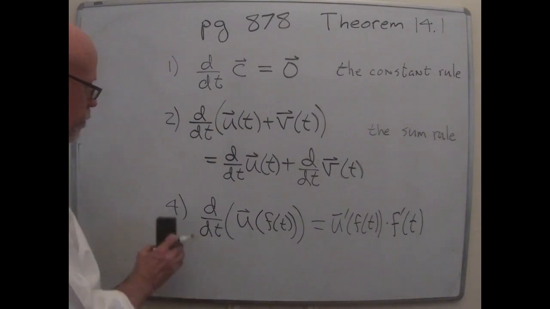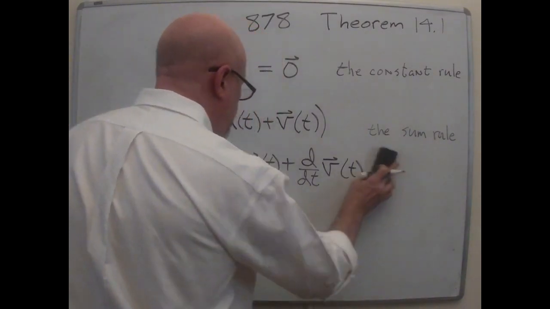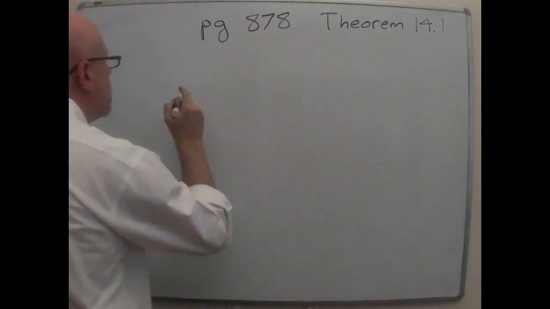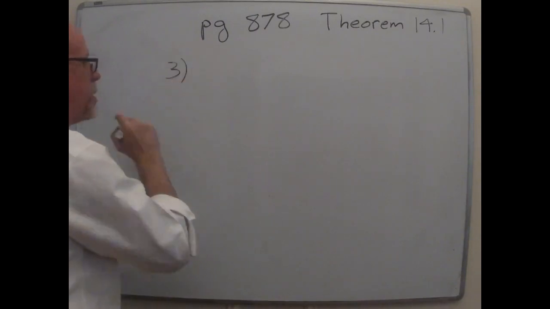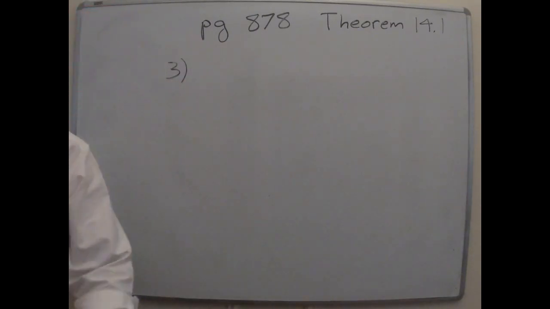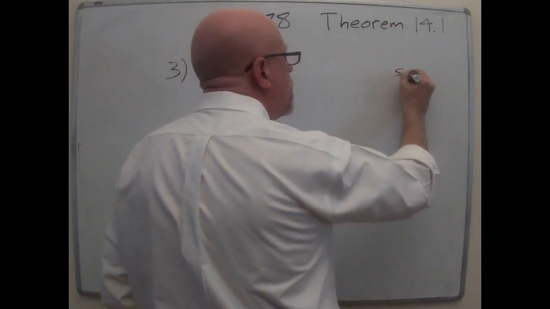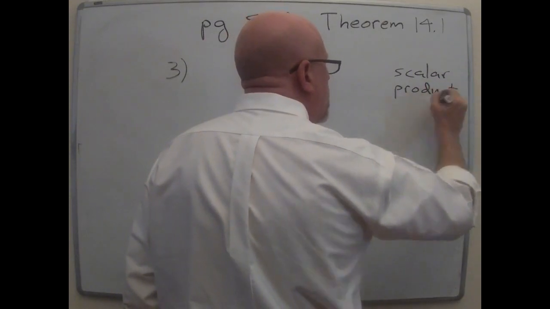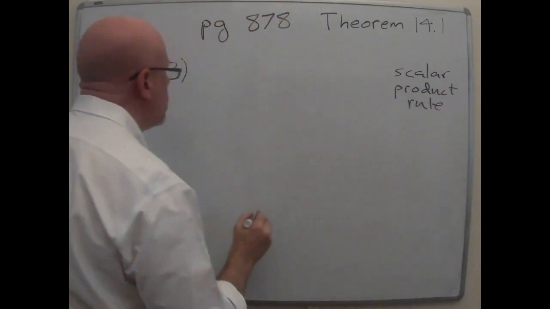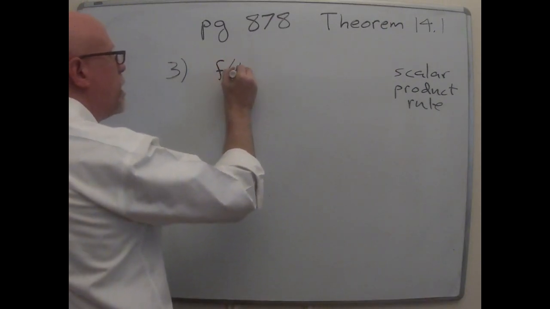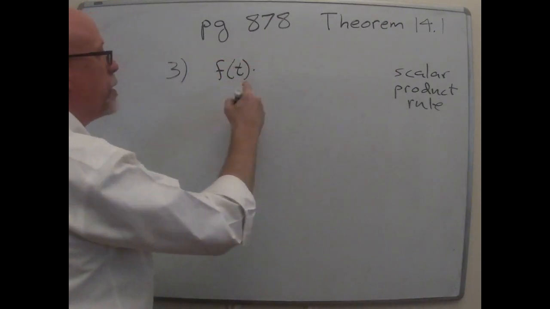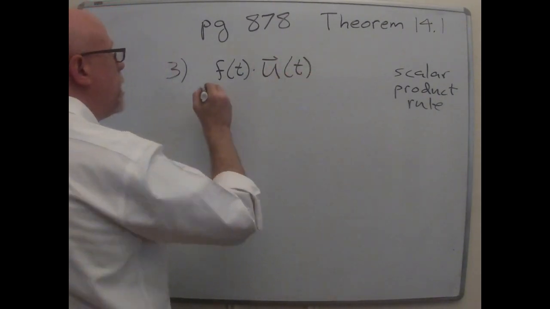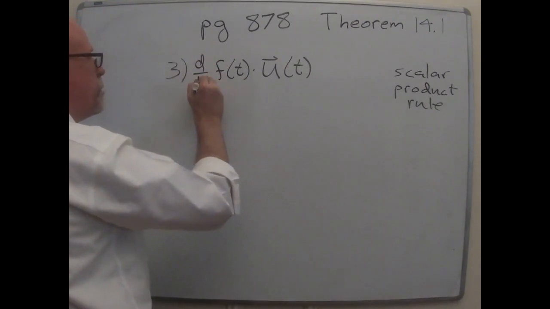Those are the various product rules. So 3 is the scalar product rule, by which I mean we have a scalar function of time times a vector, also a function of time, and that's what we want to take the time derivative of.